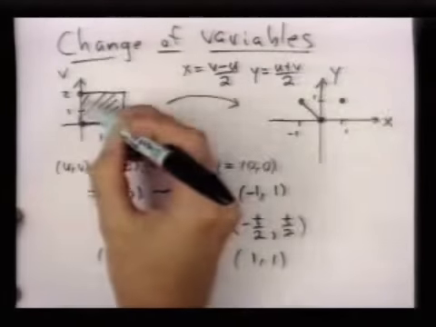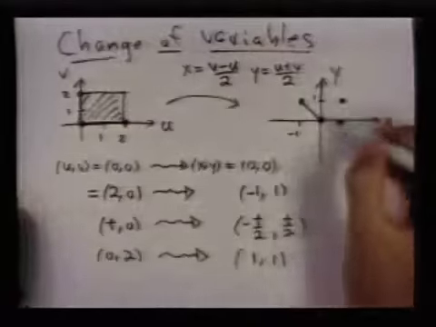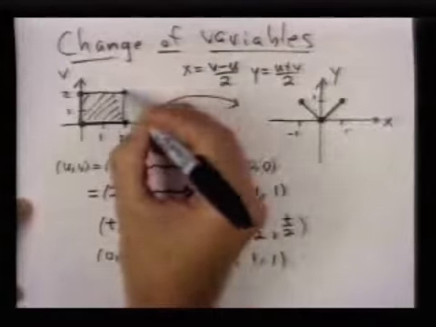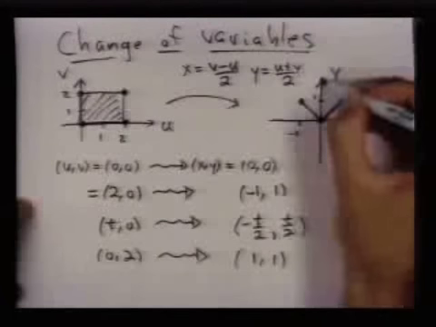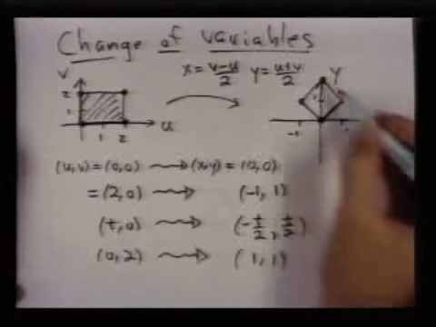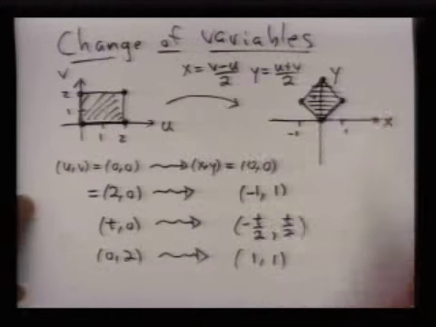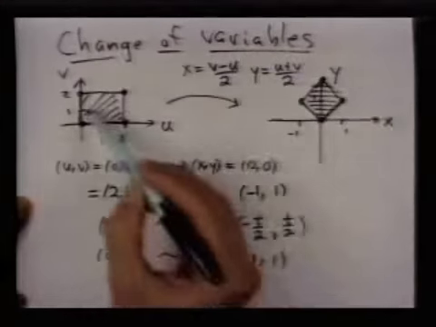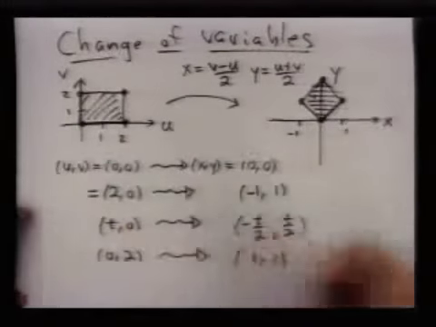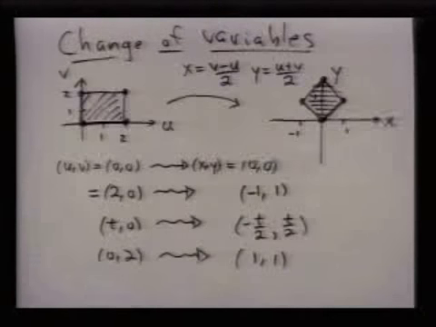Similarly, you could check that this entire line segment gets turned into this line segment, and that this point gets sent to there. The shape that you get is this diamond shape. So this change of variables turns this square into this diamond. A square in the UV plane gets turned into a diamond in the XY plane.